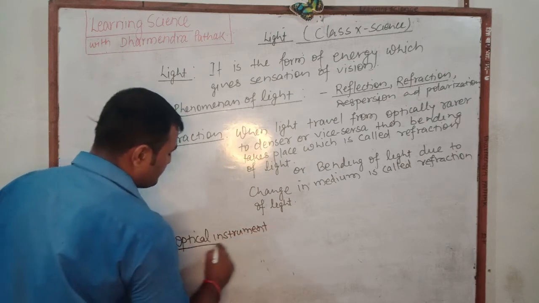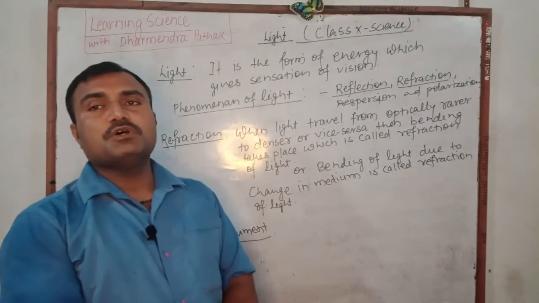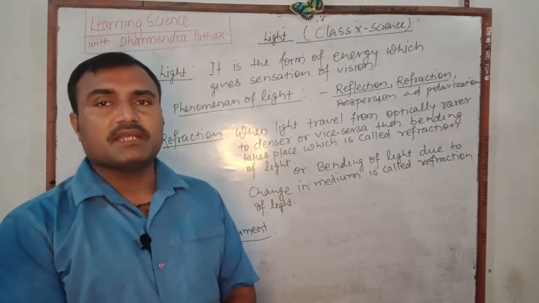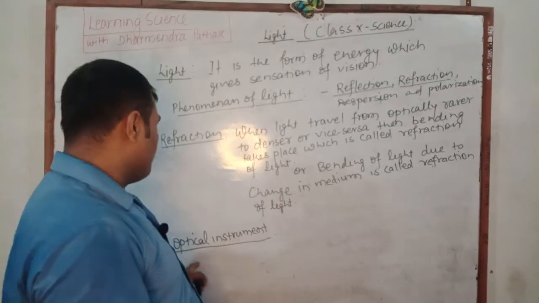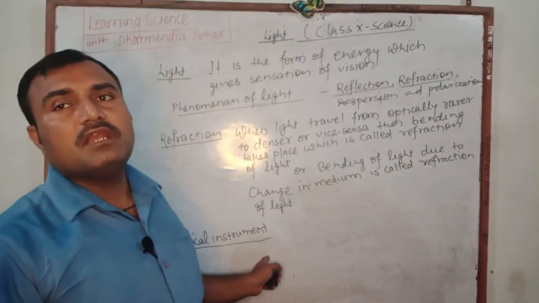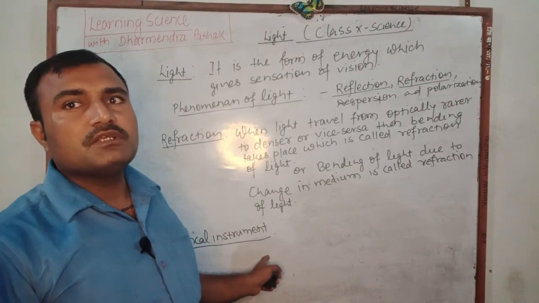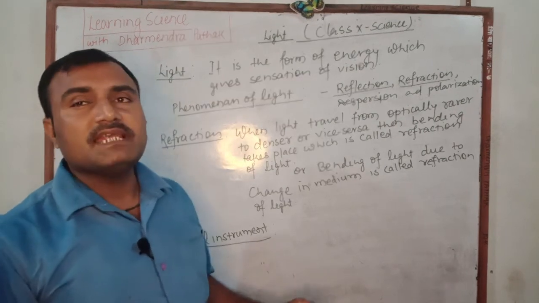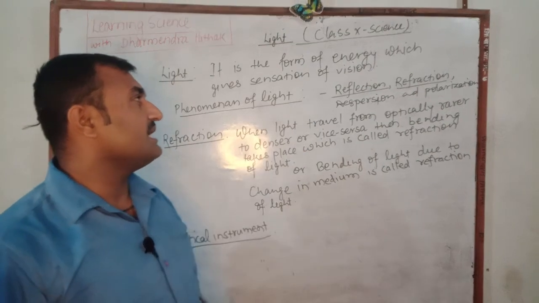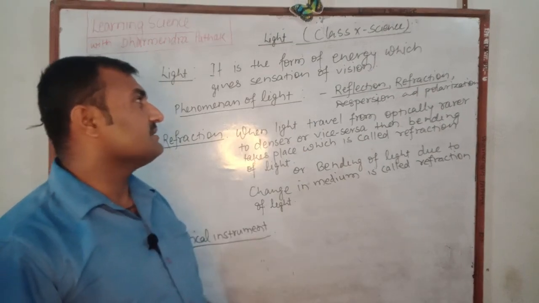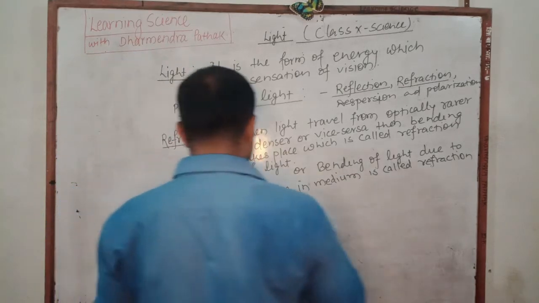Various types of instruments that we use in our daily life are based on different energy. The instrument in which lens is used or which works due to light energy, phenomena of light like refraction, dispersion, is called an optical instrument.